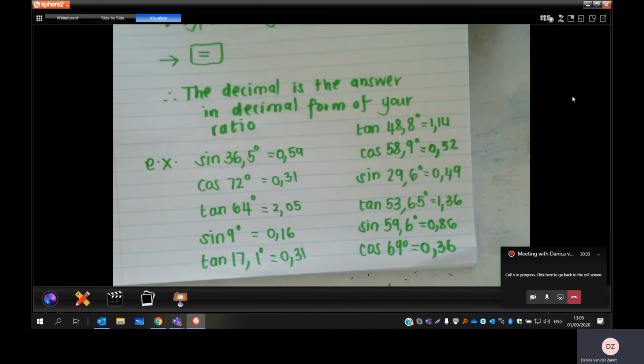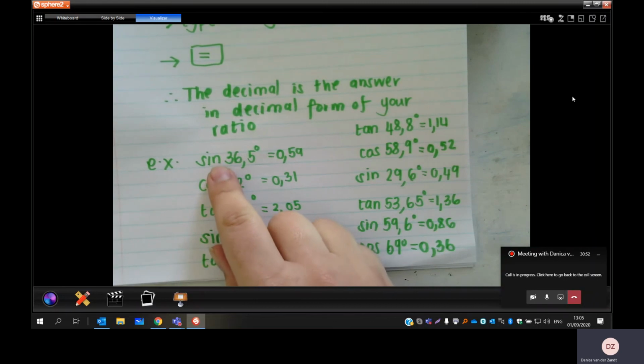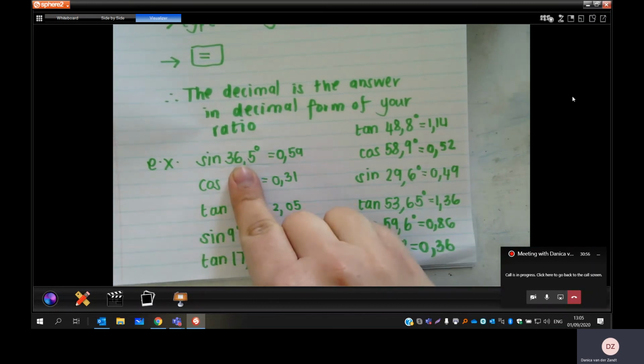My next question to you is, what this represents, before you pack up, is that sine we know is opposite over hypotenuse. My reference angle is 36.5.